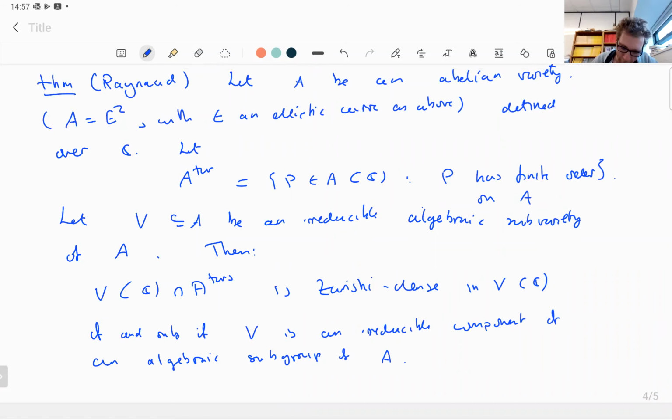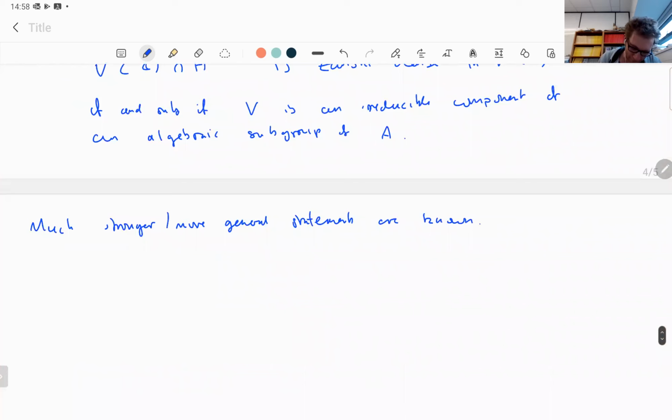One way you can generalize it is that your abelian variety could be a general commutative algebraic group. You can replace torsion with points of small height. But I'm going to focus on the case where A is E squared. So the point is that this is one of the easiest examples of how to apply Pila-Wilkie.